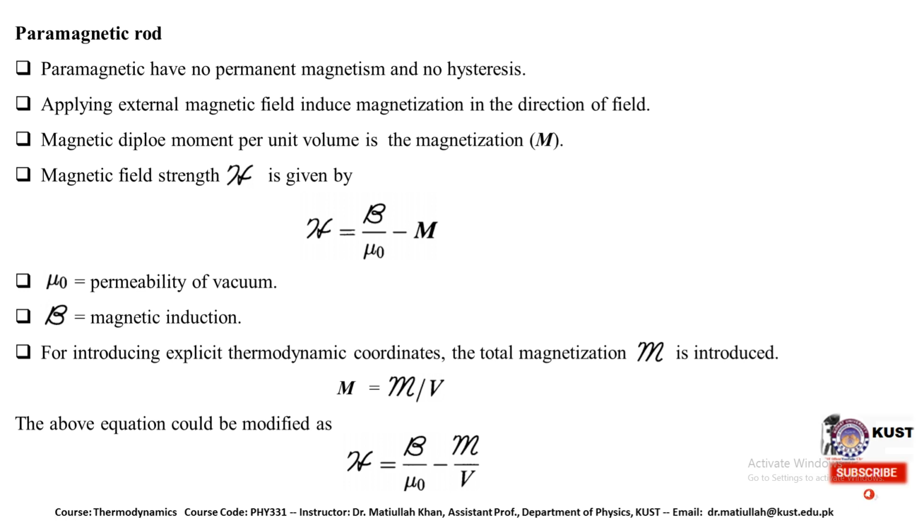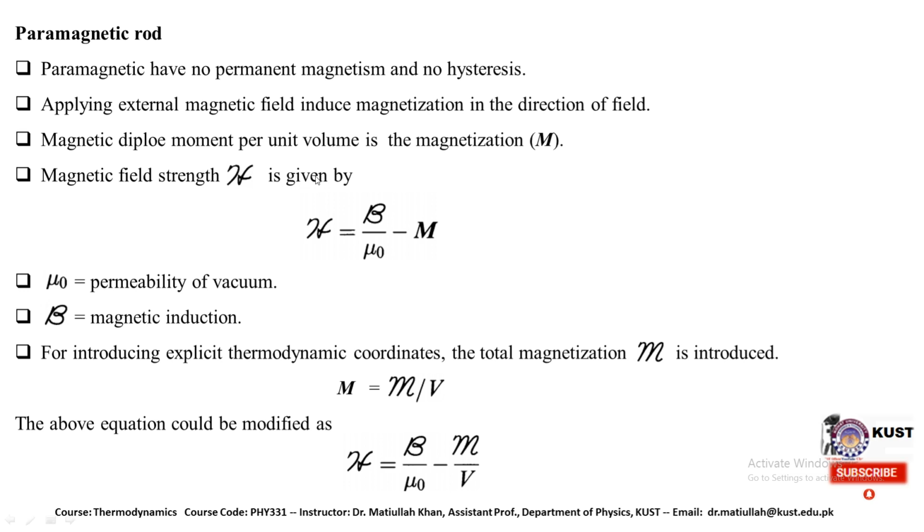When we apply an external magnetic field on it, some induced magnetization is created, from the magnetic dipole moments aligned in the direction of the external magnetic field. The magnetic dipole moment per unit volume is called the magnetization, represented by capital M, and the external magnetic field is called the magnetic field strength, represented by H.